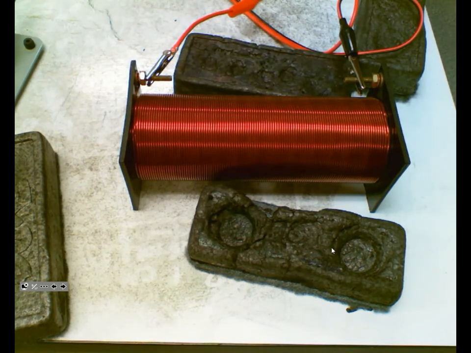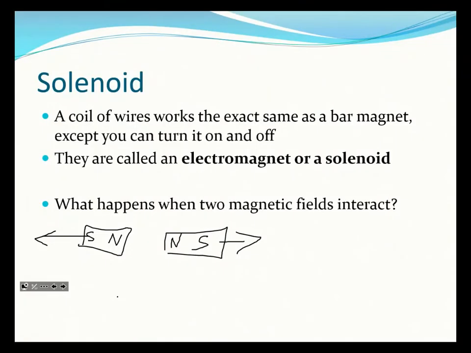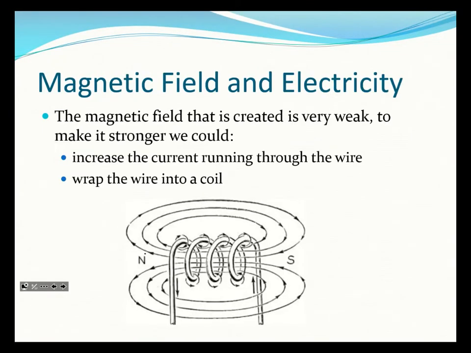So our magnetic field goes around in circles like that, and you have a north end and a south end. I'm just going to bring it back to our picture here. If this is my north end, my compass should point away, and if this is my south end, my compass should point towards. And that goes in a circle, but my compasses were being wonky because I have a bunch of magnets set up over there.